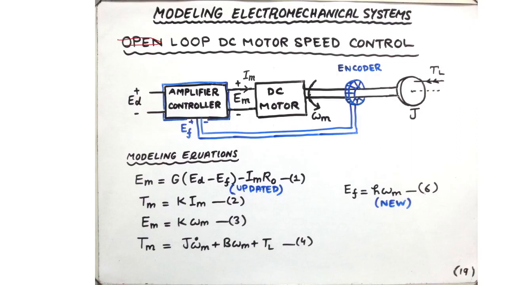Rather, this is going to be a closed loop DC motor speed control system. It is a closed loop because this loop, as you can see over here, has been closed. The output has been fed back, so this essentially constitutes the loop.